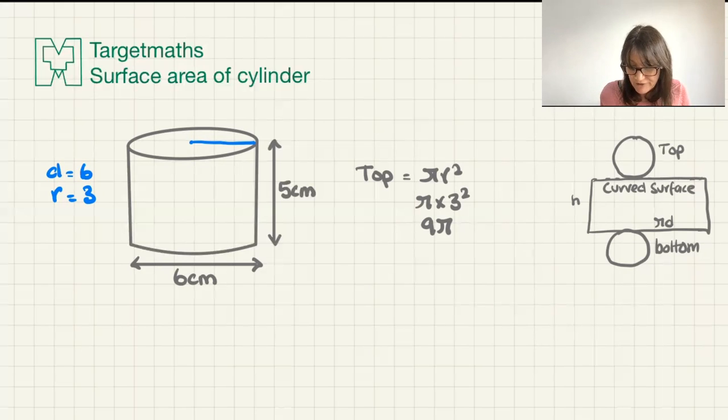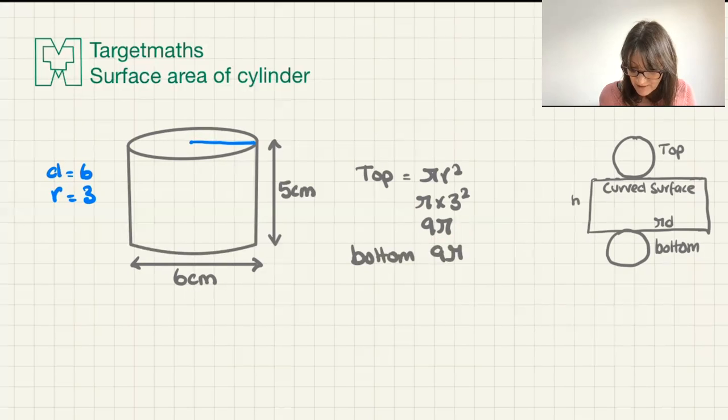Whereas if I can be comfortable to just leave my answer in terms of pi, that's a perfect number until I go to a decimal and start rounding. It's a number I can't see, but it's still a perfect number. So if the top is 9 pi, the bottom is 9 pi.